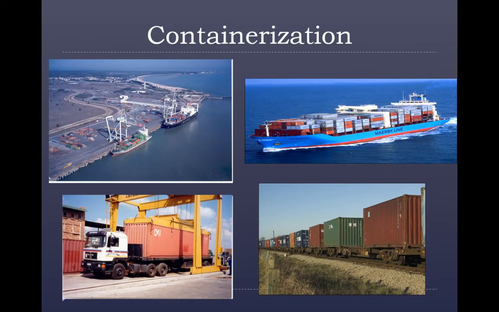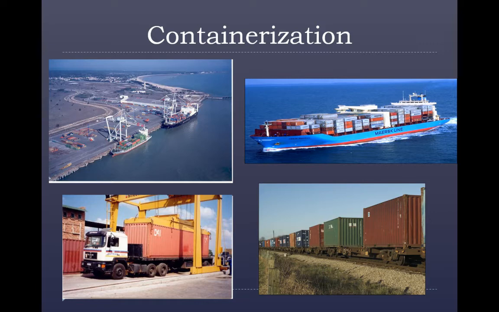Okay. Another concept that you need to know about is containerization. If you look at these images, you're going to see that there are some shipping containers. Toward the end of World War II, countries decided that they were going to standardize the size of shipping containers, which means that countries around the world decided that it would be easier and more efficient for world trade if every country started using the same types and the same size of shipping containers.